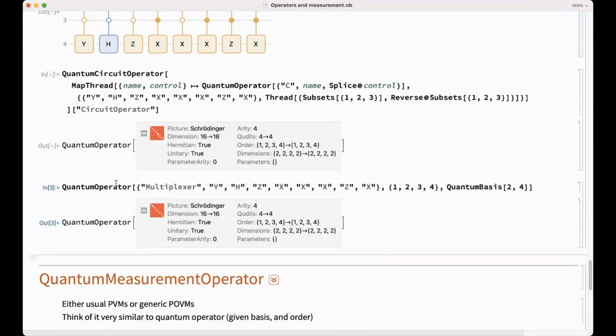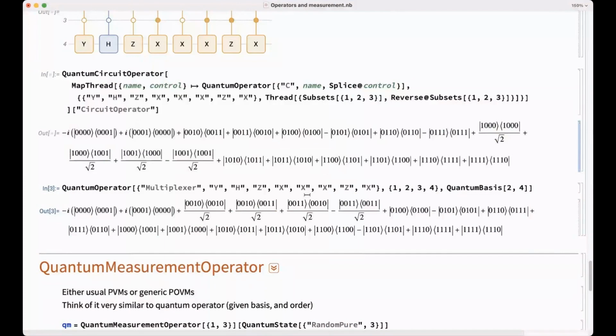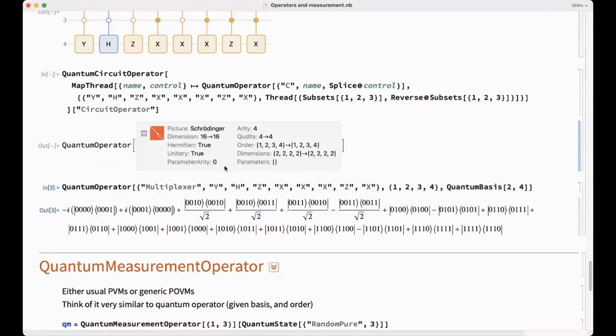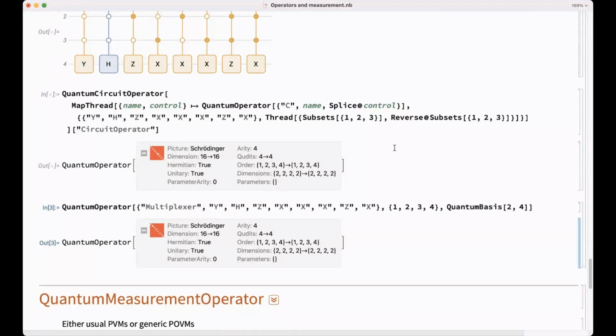So let's look at just the matrix, and we can compare the matrices. Well, I can see by the picture it's kind of in reverse for some reason.